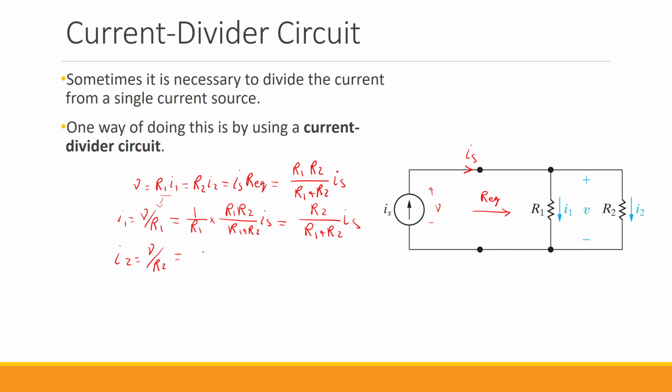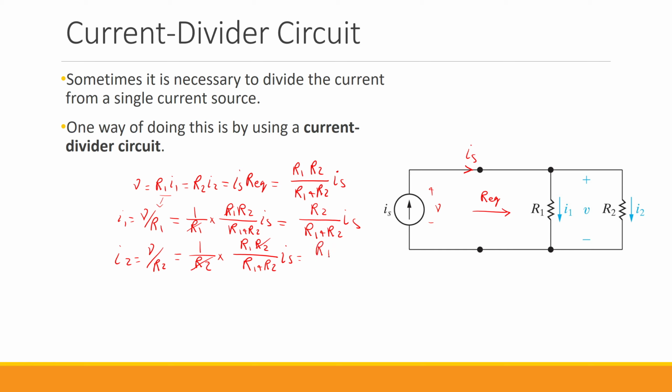Let's do the same for I2 as well. For I2, we have 1 over R2, the division that we have here, multiplied by V, which is R1 multiplied by R2 divided by R1 plus R2, multiplied by Is. In the top line, you saw that R1 here and here got cancelled. Here, R2s will be cancelled.